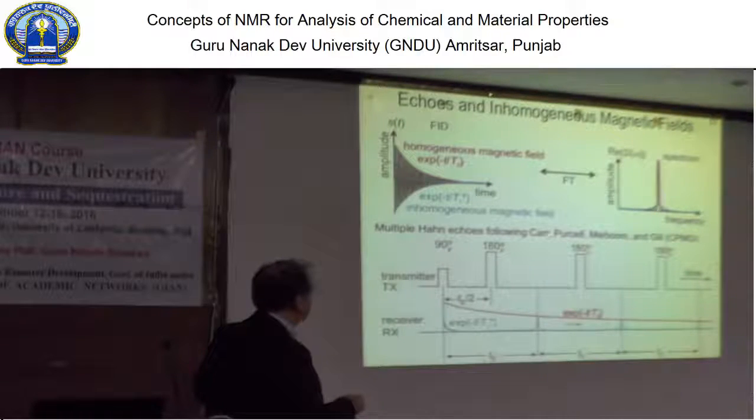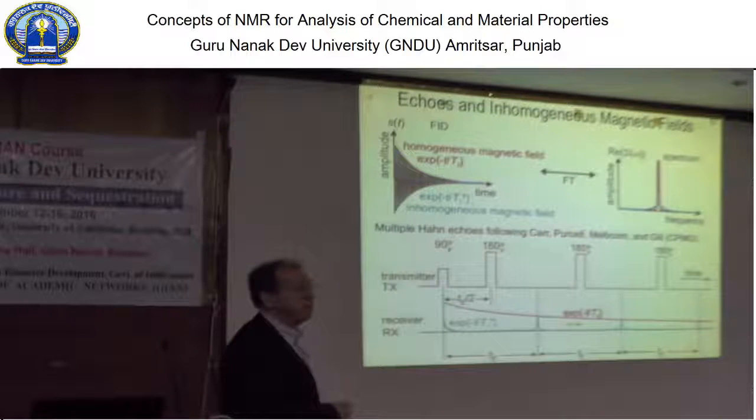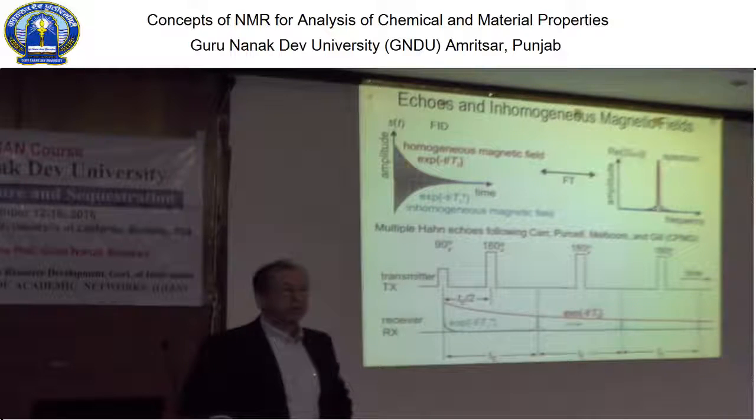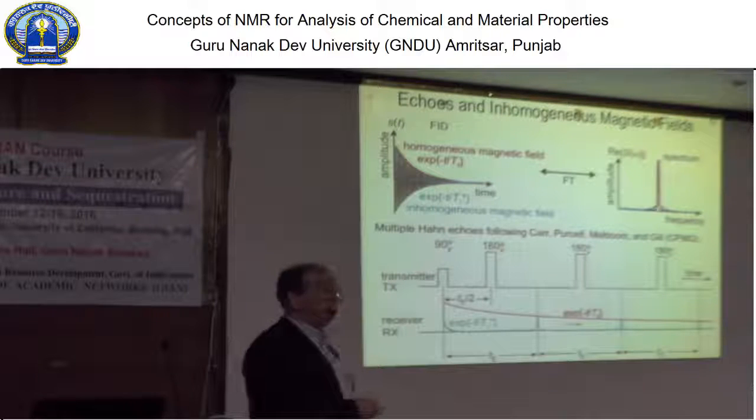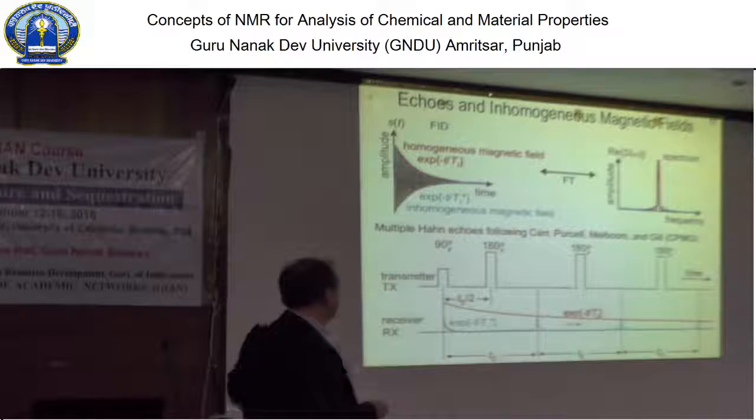There were four people, Carr, Purcell, Meiboom and Gill, who invented or discovered that and optimized it. This is why it's called the CPMG echo train. CPMG is something that many people that measure relaxation know, and especially people in the oil industry deal with it every day. This is their way of measuring NMR signals.